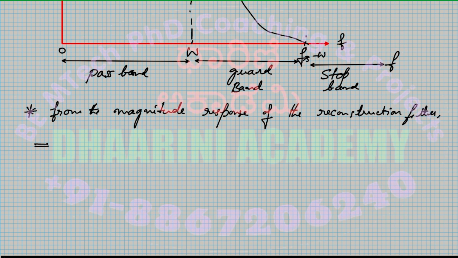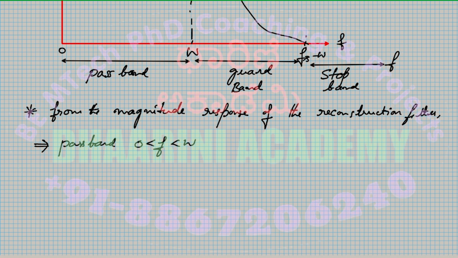So we have the following specification we could understand, right? There is a pass band between 0 lesser than frequency lesser than W. Normally in this particular pass band, what is the value of the gain? Gain should be 1 by Fs.